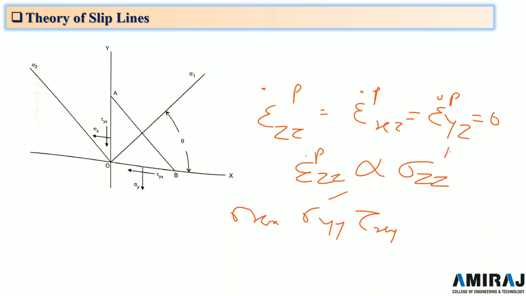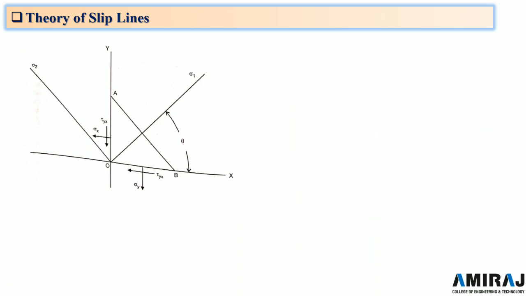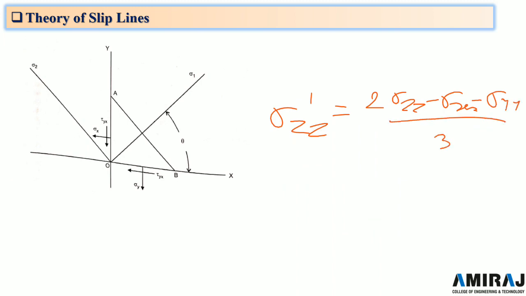Since epsilon zz p is equal to 0, this sigma zz dash will become 0, and the equation for that is sigma zz dash equal to 2 times sigma zz minus sigma xx minus sigma yy divided by 3.